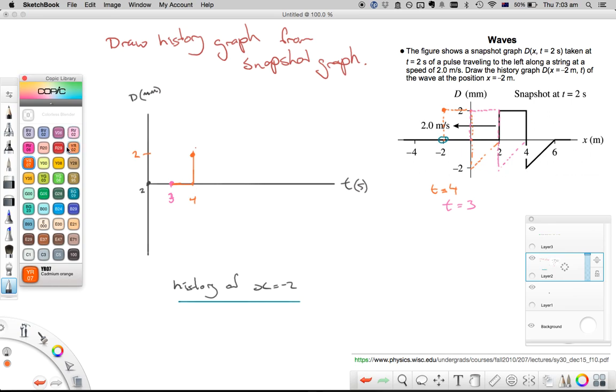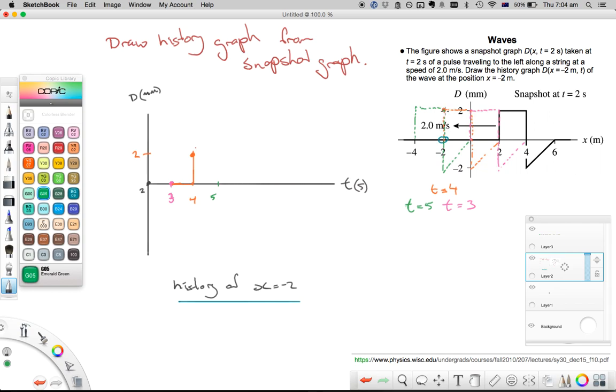Okay, what about after another second? At t equals 5, where's our point? We know our graph's moved another 2 meters, so our pulse is going to look like this. We've moved this initial waveform, and that's at t equals 5 seconds.